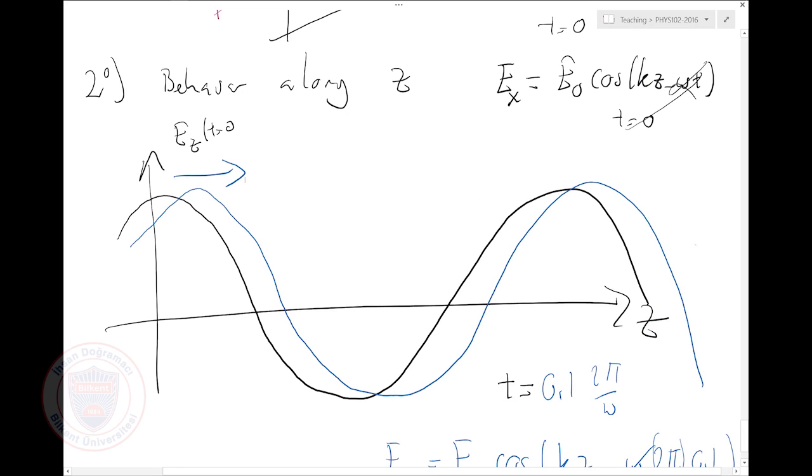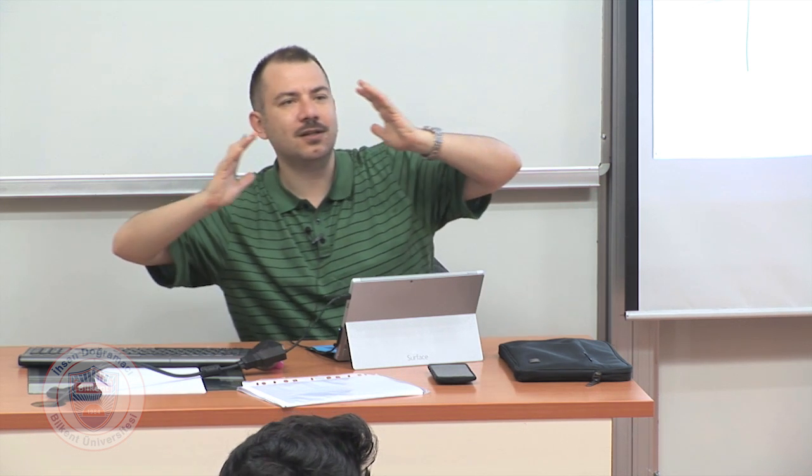We're seeing propagation along the direction of propagation. So my whole wave together is shifting along the z direction. Let's try to figure out what's the velocity of this shift. We call it the speed of light, but here's what I'll do.